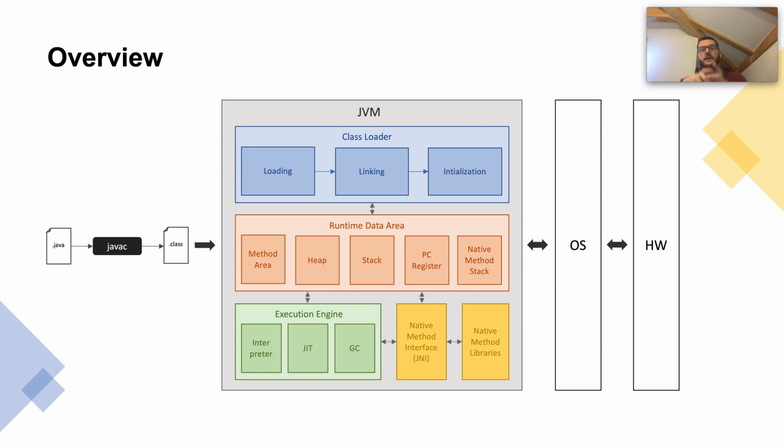And we have a native method interface. Although JNI is always part of the JVM diagram, it is not necessarily an integral part of the JVM. Vendors may or may not support JNI. JNI is an interface that allows the JVM to call some native libraries, which are written in, I don't know, C, C++, or even assembly.